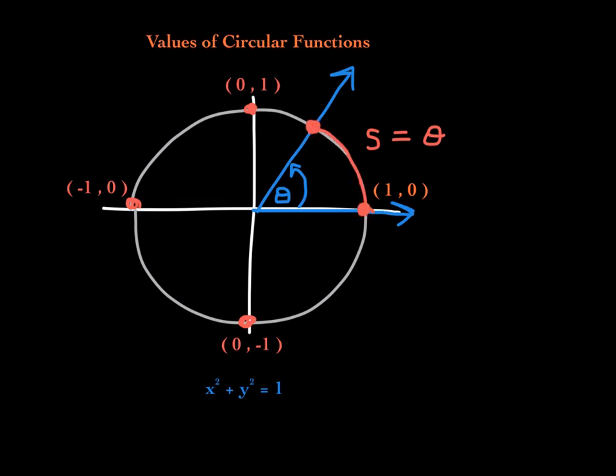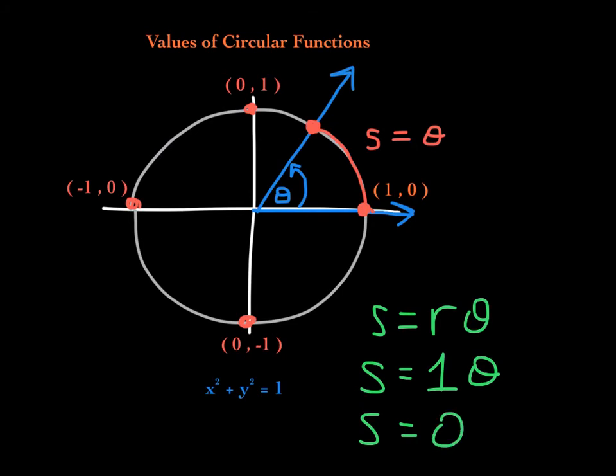Remember, s is equal to the product of the radius of the circle and theta. But again, remember that the radius is 1 because this is the unit circle. So s is exactly equal to theta.